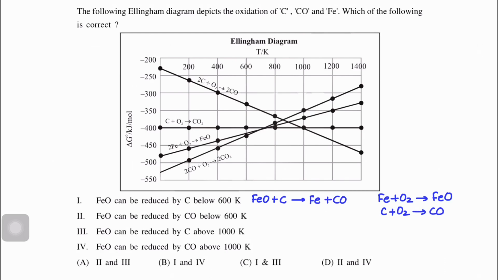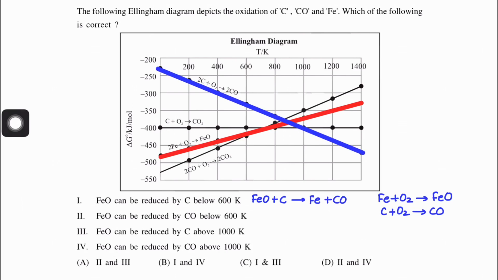So iron to iron oxide, the curve is this one. And for carbon to carbon monoxide, the curve is this one.